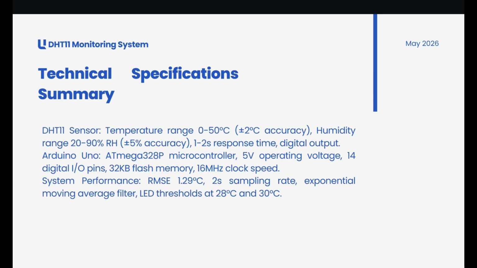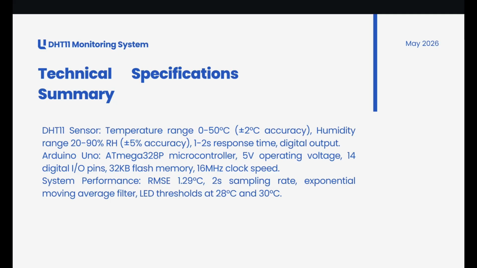Technical specification summary. DHT11 temperature range is from 0 to 50 degrees Celsius. Humidity range is 20 to 90% relative humidity, plus minus 5% accuracy. 1 to 2 second response time, digital output.